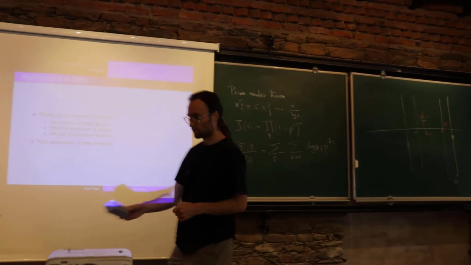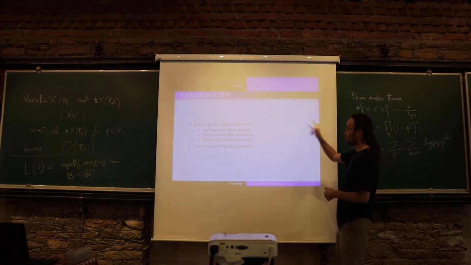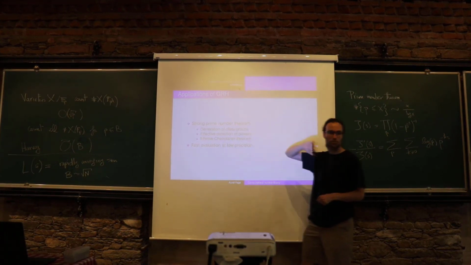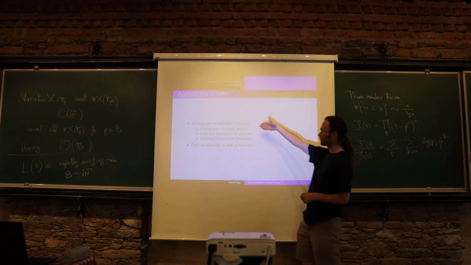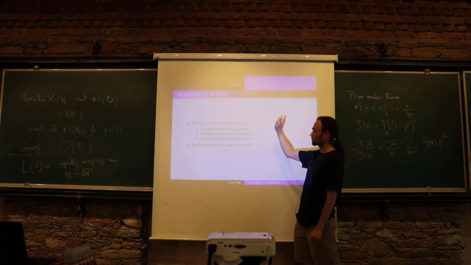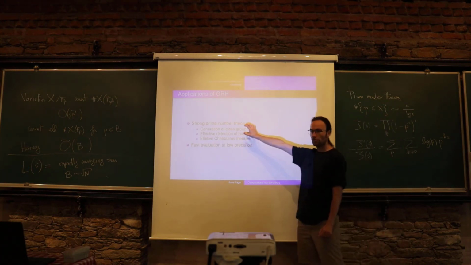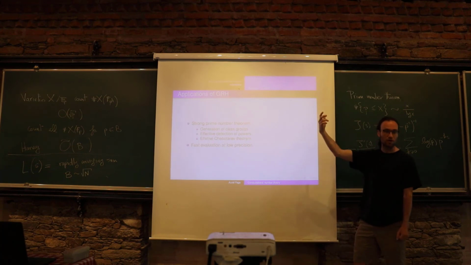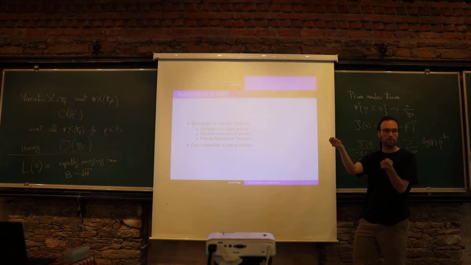Putting these together, there are several applications. One of them is the generation of class groups by small primes that I mentioned before. Essentially, it's an application of the equidistribution properties I mentioned on graphs. You can think of the class group as being a graph where you have a vertex for each ideal class. You choose a set of small primes and you put edges when you can connect two ideal classes by multiplying by a prime.